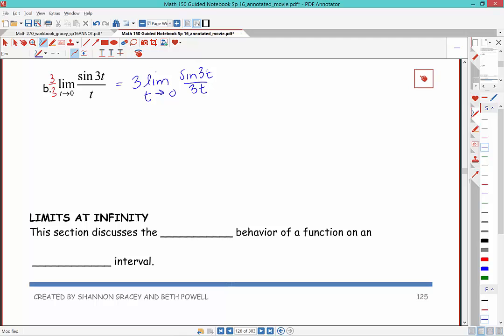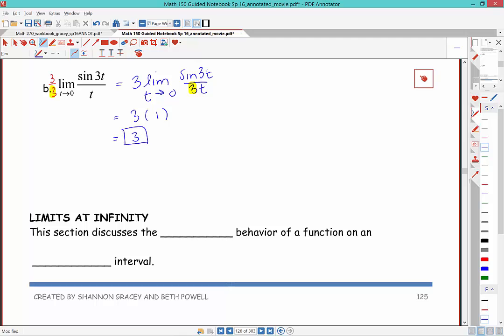So I just multiplied the whole limit by 1, and then I opted to bring in this 3 here from here, and the other one stayed outside the limit. And what will we get? We'll get 3 times 1, which is 3.